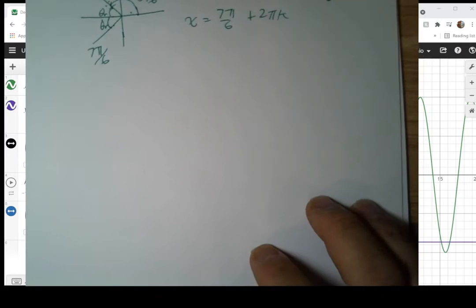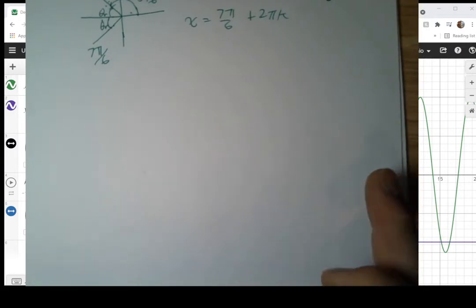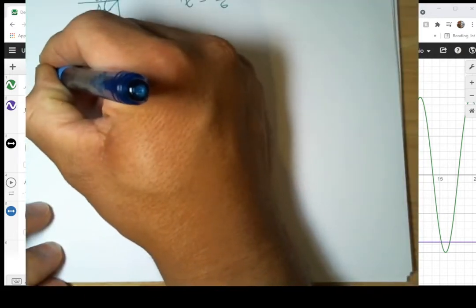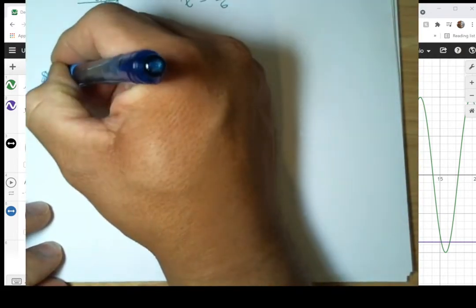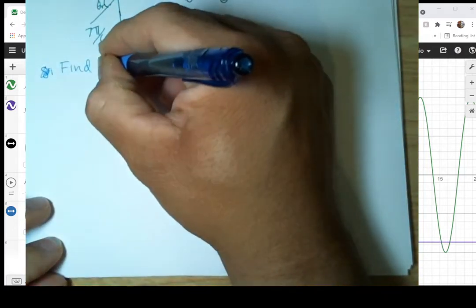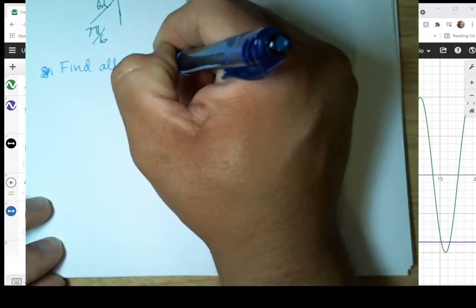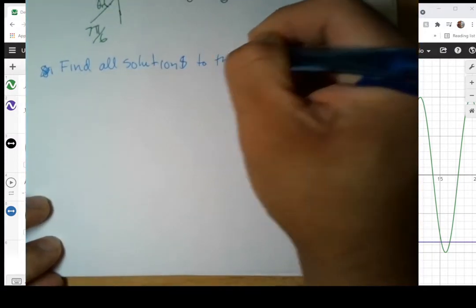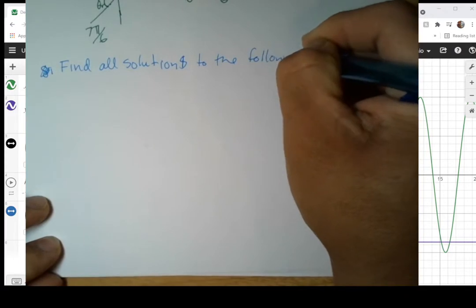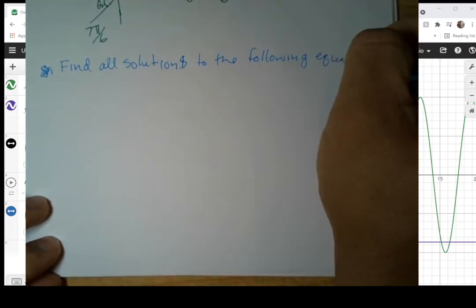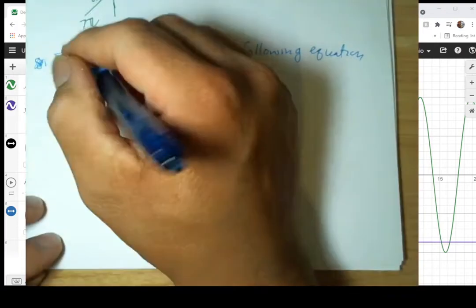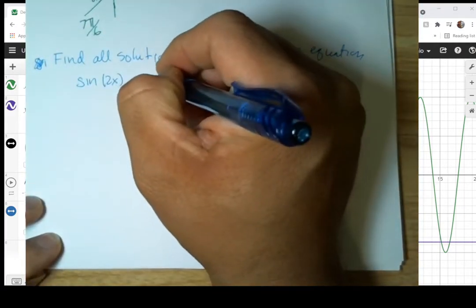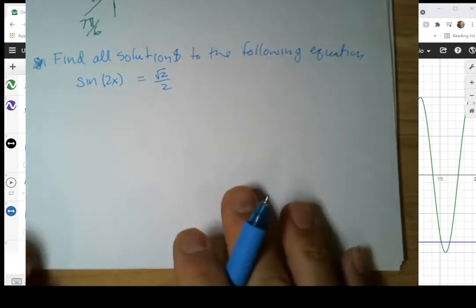How about one where we have a composition as the argument of a trig function. What I mean by that is, first I want to find all solutions to the following equation: sine of 2x equals root 2 over 2.